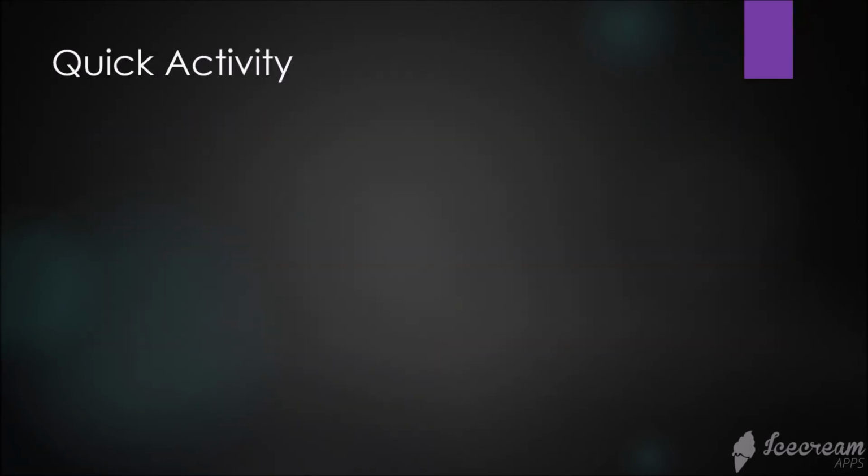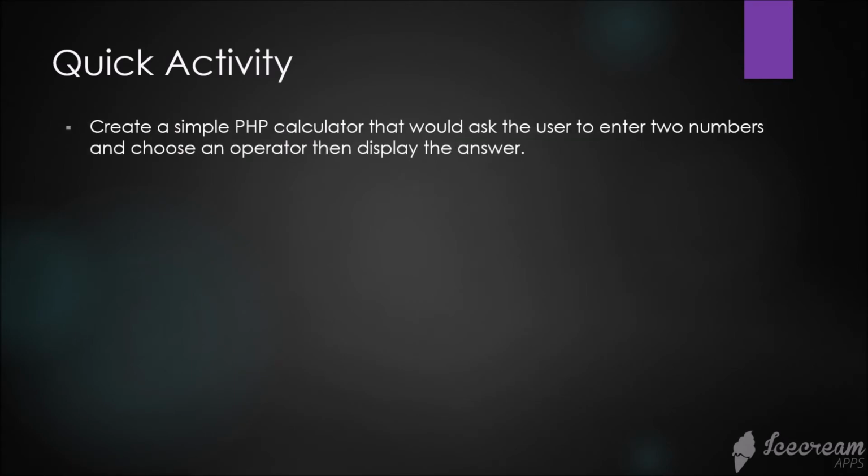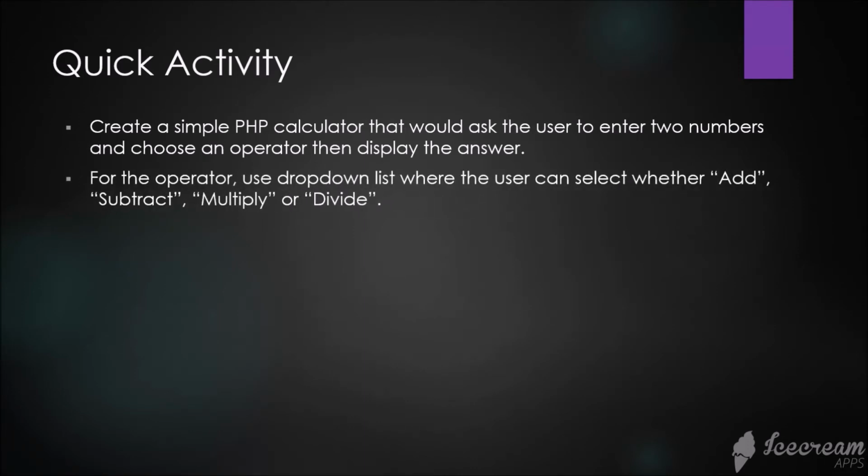Okay, so quick activity muna tayo guys. Create a simple PHP calculator that would ask the user to enter two numbers and choose an operator, then display the answer. For the operator, use a drop-down list where the user can select whether add, subtract, multiply, or divide.